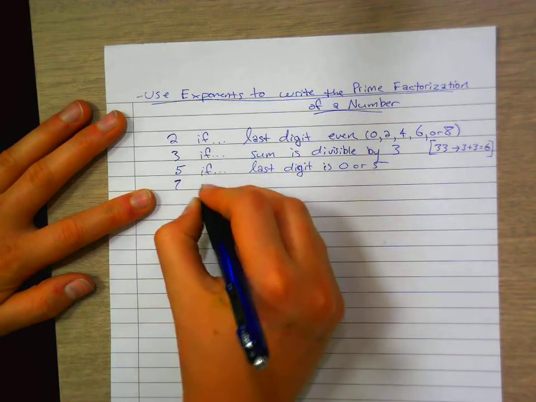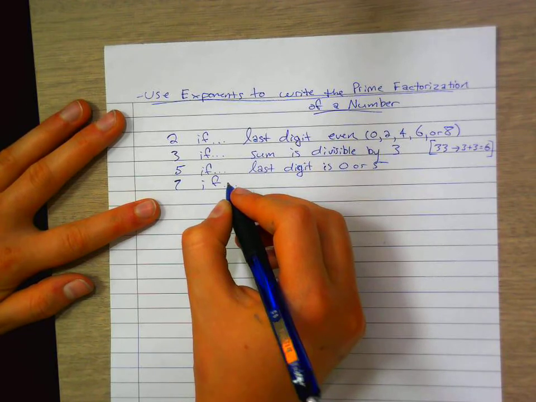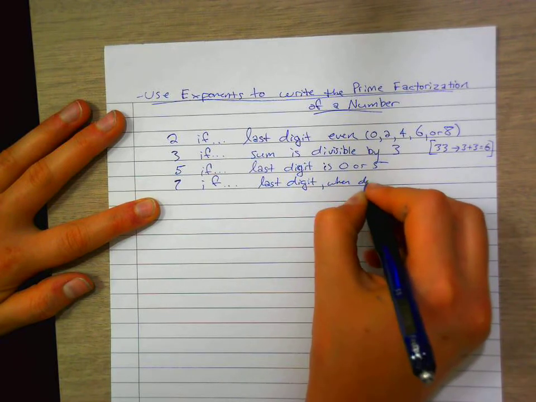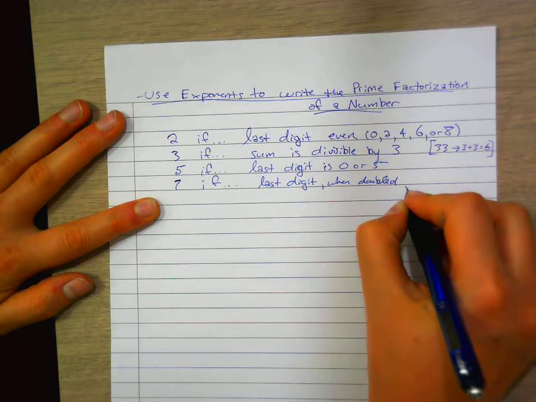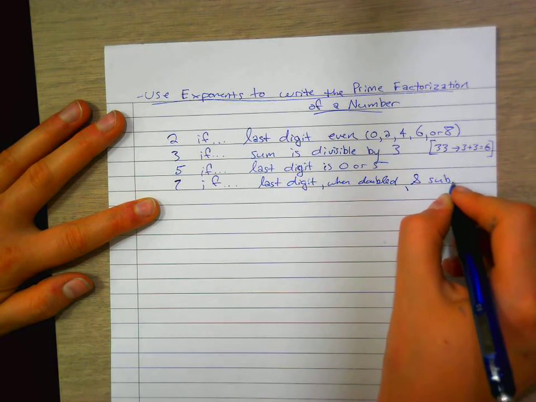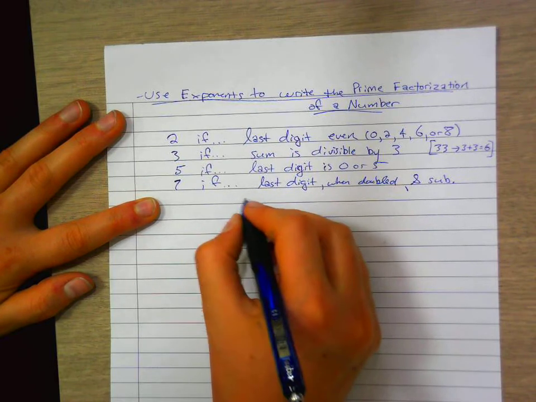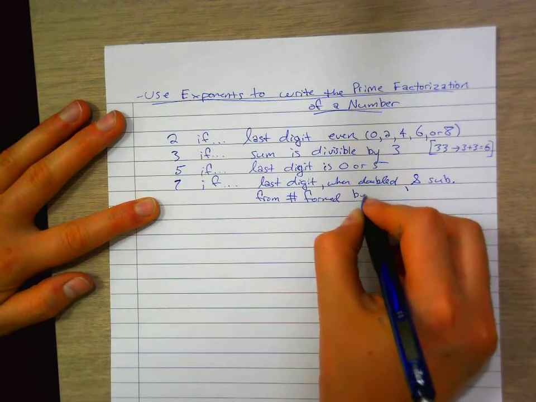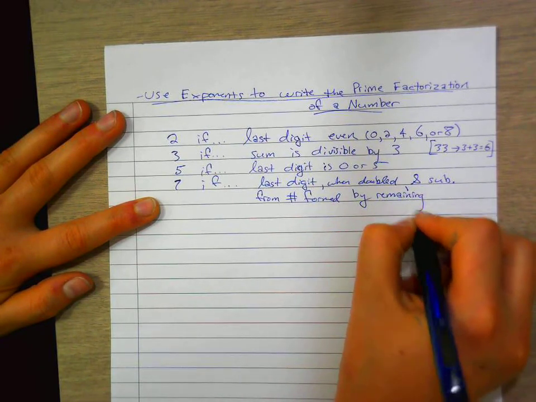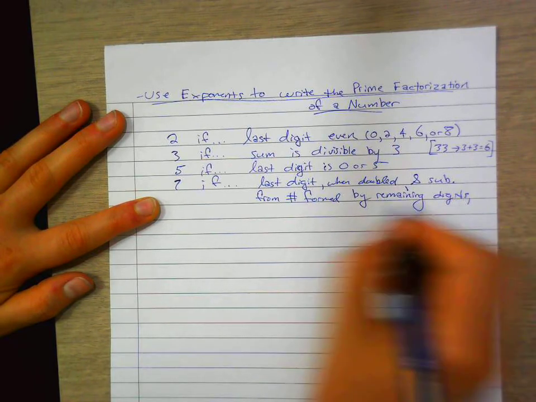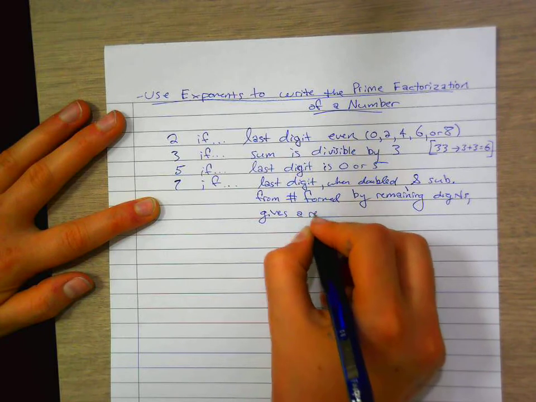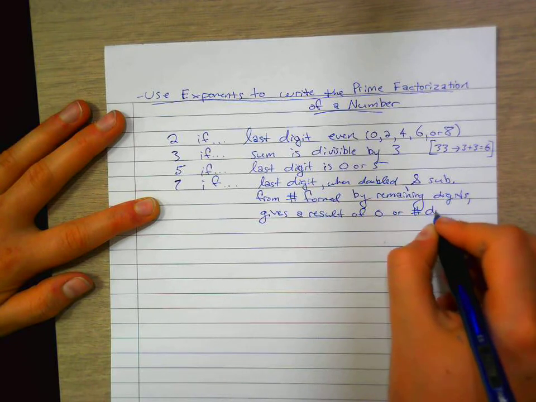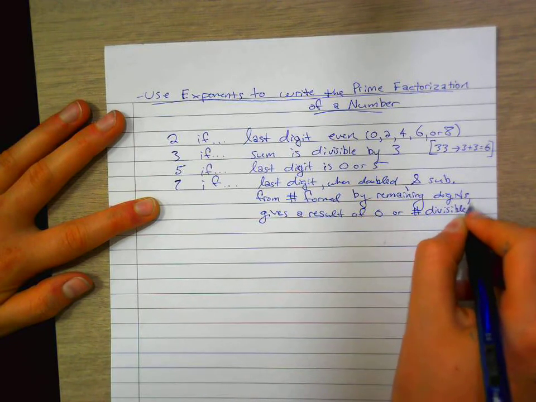It's divisible by 7 if the last digit, when doubled and subtracted from the number formed by the remaining digits, gives a result of 0 or a number divisible by 7.